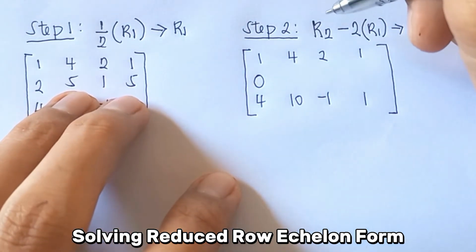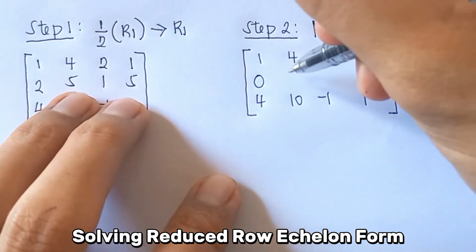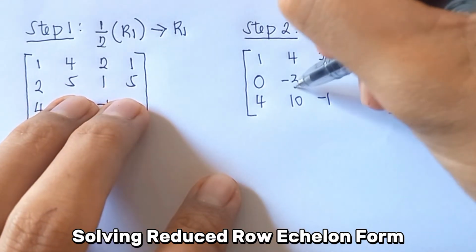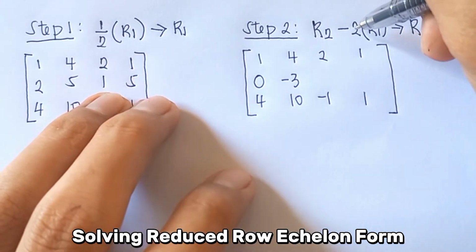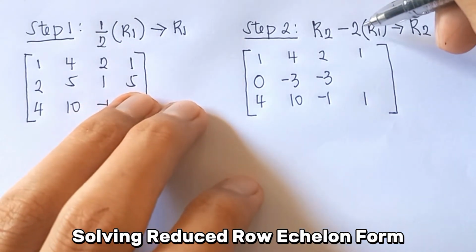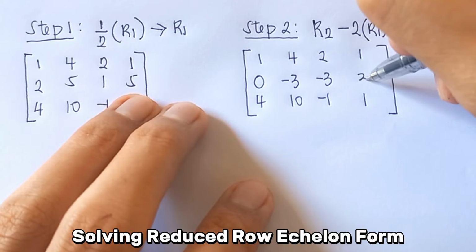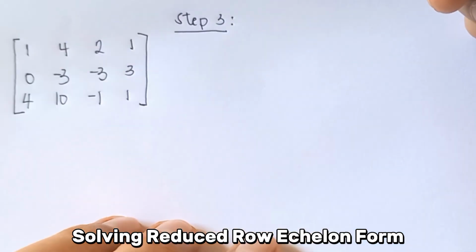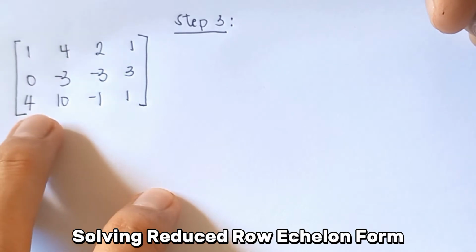Then 5 minus 2 times 4 is negative 3. 1 minus 2 times 2, 4, that is negative 3. 5 minus 2 times 1, which is 3.